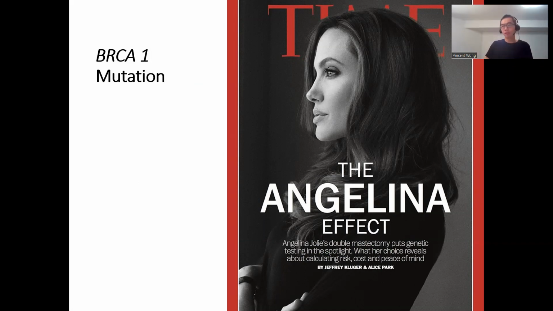Of course, it's not an option for everybody. These kinds of surgeries are expensive. It's a high risk, but it doesn't mean you are certainly going to get it, because of the penetrance. And it's an individual choice that people can make. So that's the BRCA1 gene.